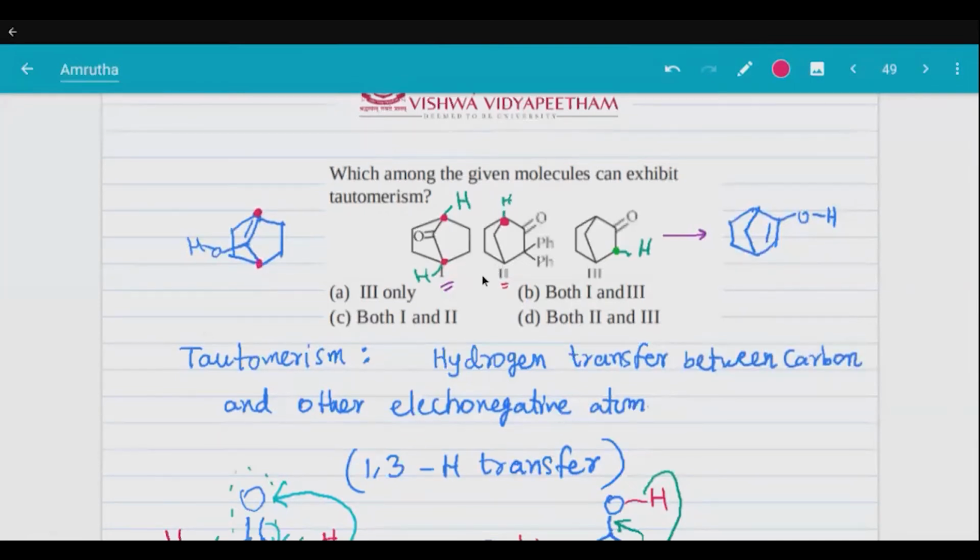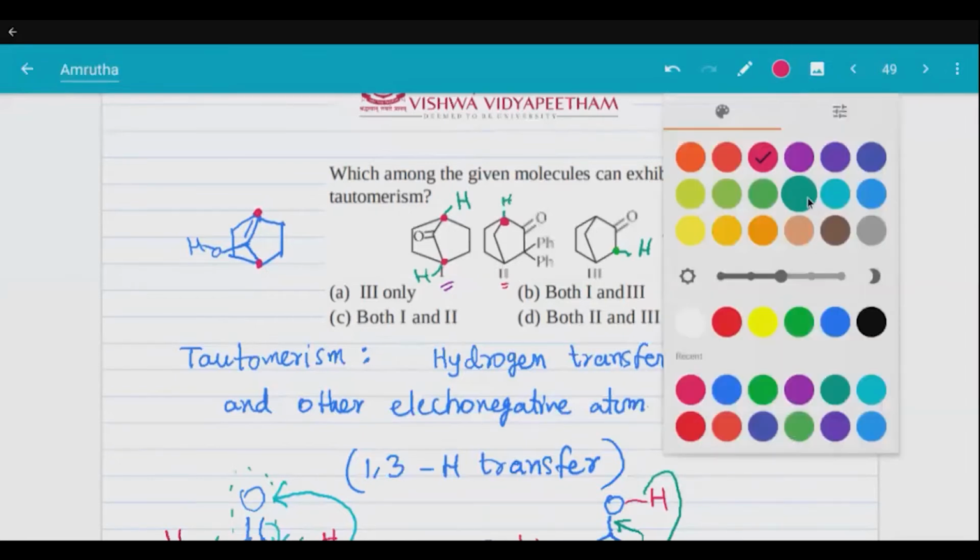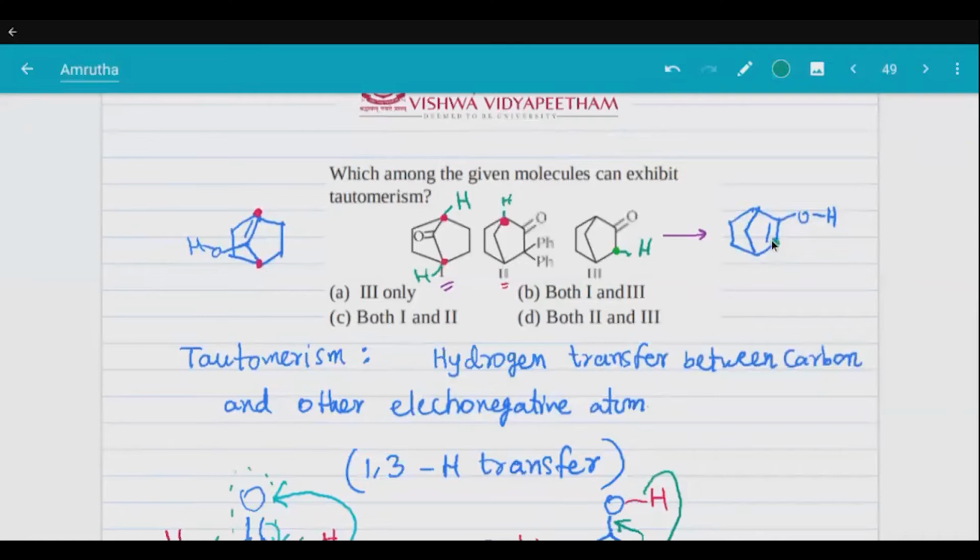In the same way, 1 and 2 are not possible. But yes, in 3 you can shift this hydrogen because this is not bridgehead. So the final answer should be C. Can exhibit means only 3. 1 and 2 are not possible.